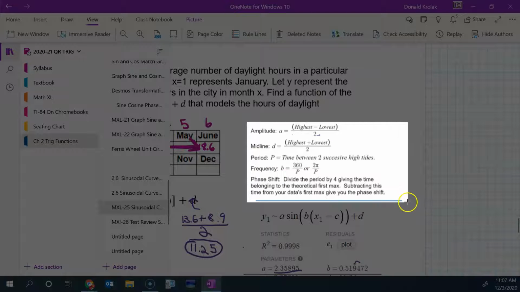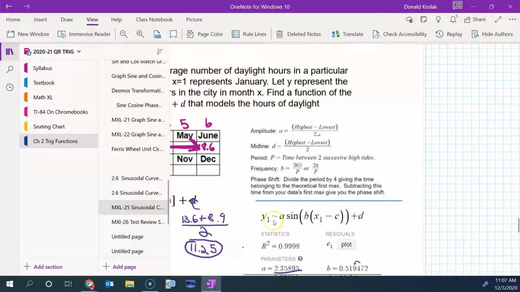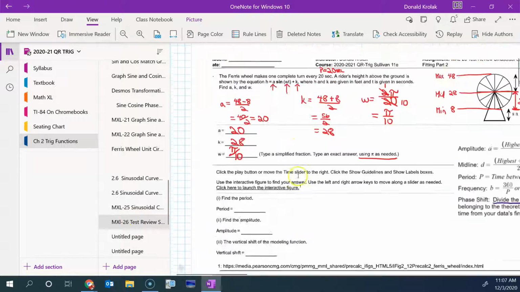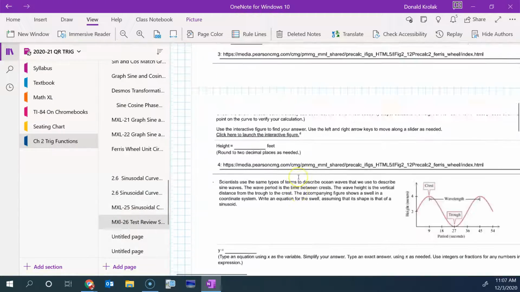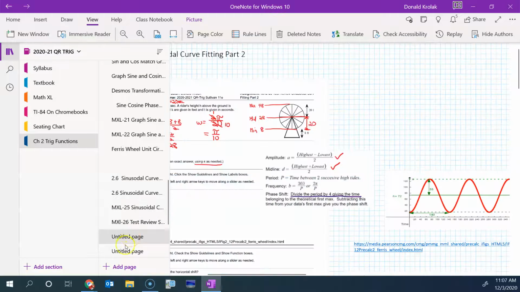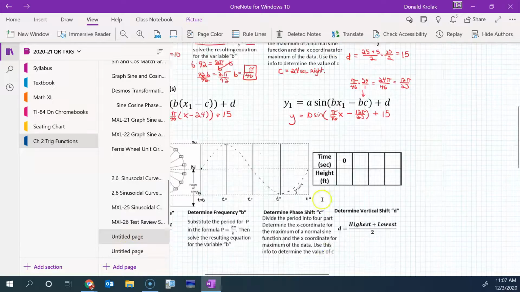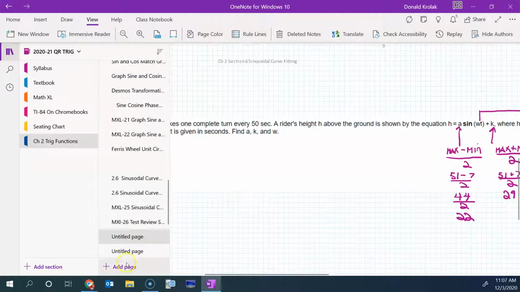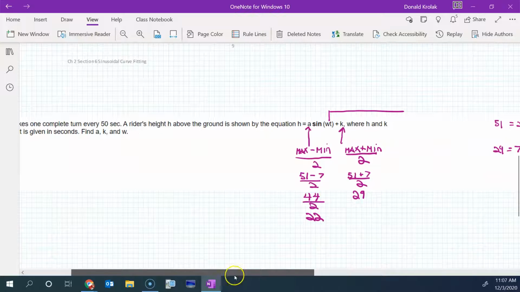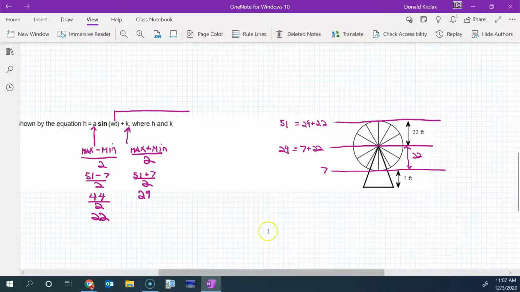These are your formulas that you want to be using. Paste that right here.